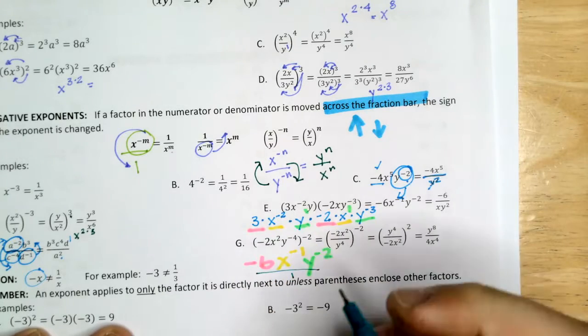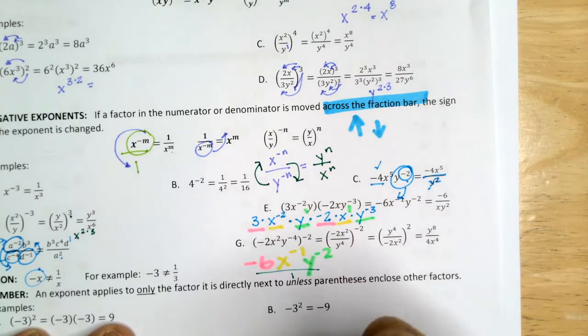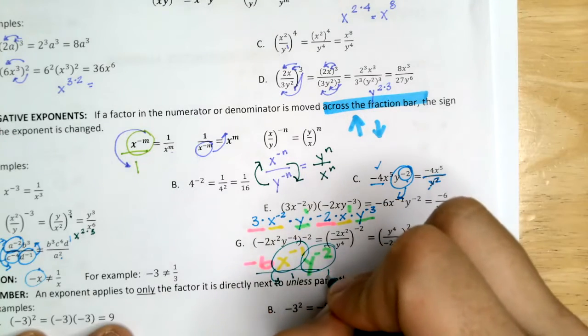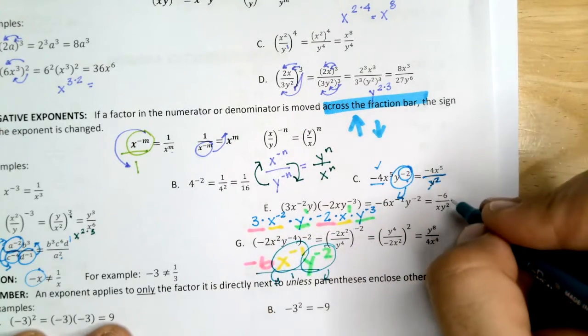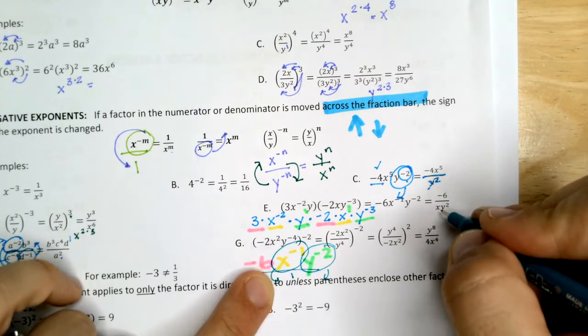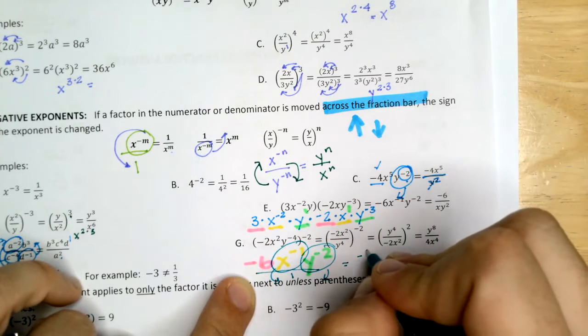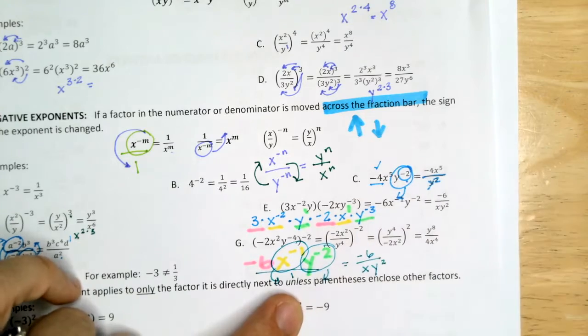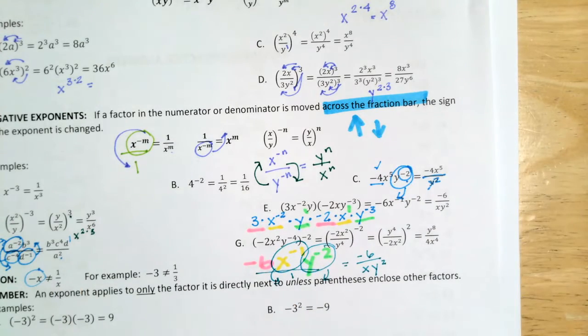There's always a 1 under here. The negative 6 can stay because it has no exponent. This I need to move because it has a negative exponent. This I need to move because it has a negative exponent. So that becomes negative 6 up here, x to the first power down here, y to the second power down here, so that they are positive exponents.